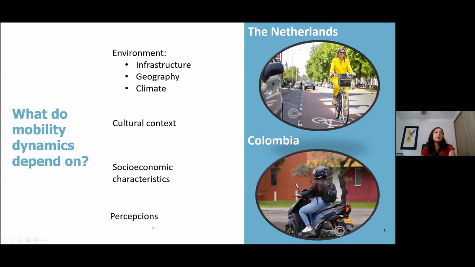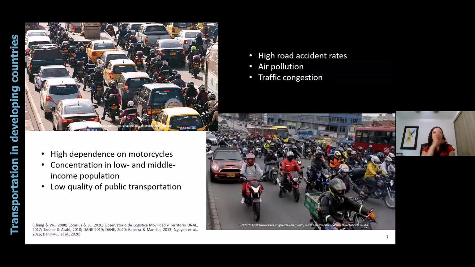And there is also a very important thing, and that's perception about the transport attributes. And then, if we know that all of these things affect the transport dynamics, what are those in the developing countries?